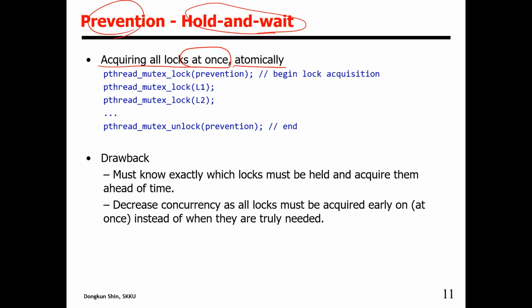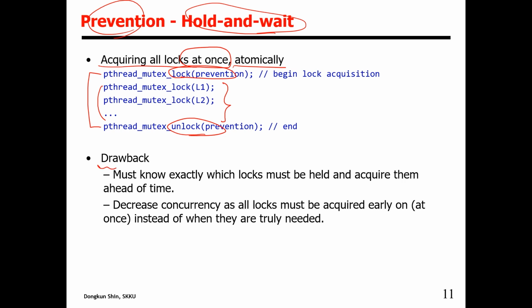To acquire many locks, this code is protected by a prevention lock variable. By using this technique, all lock acquisition can be performed atomically. Then we can prevent the hold and wait problem.